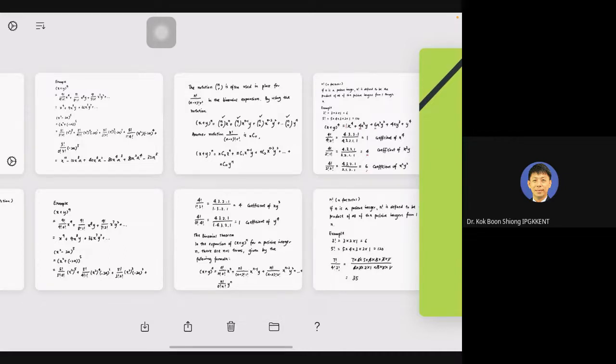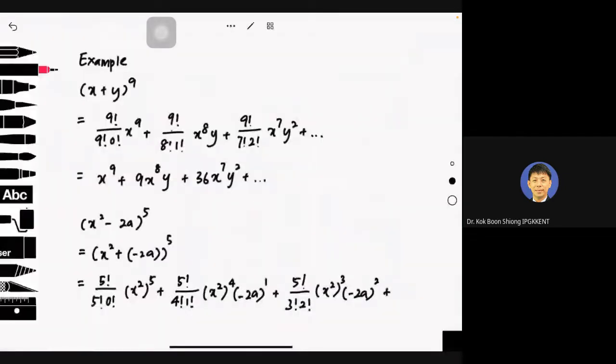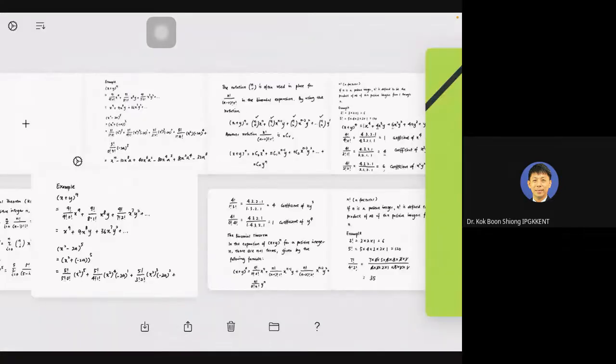Okay, example. (x plus y) to the power 9.